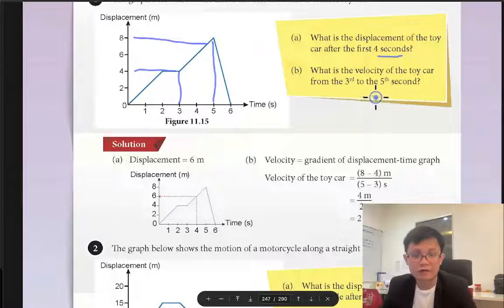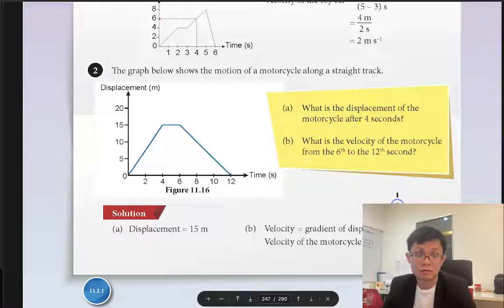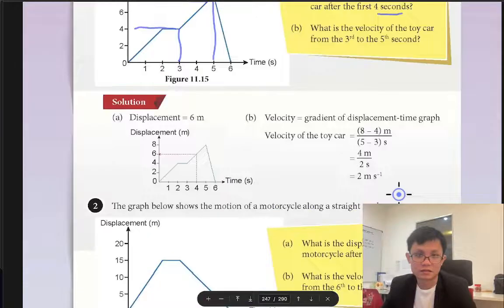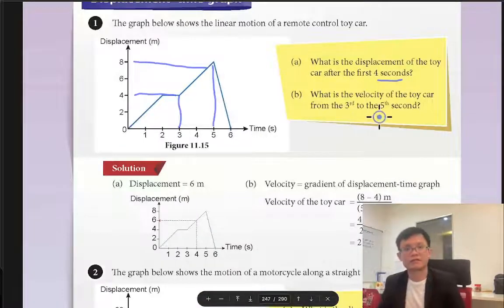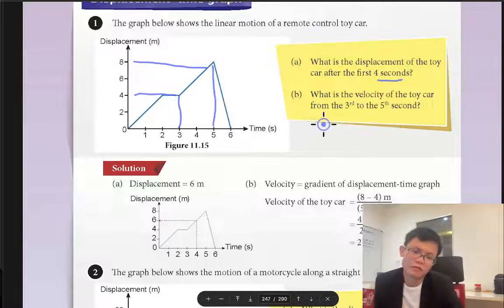The formula: velocity equals distance divided by time. The question is wrong again, is it? Anyway, velocity of the toy car, from here it says from 3rd to 5th second.